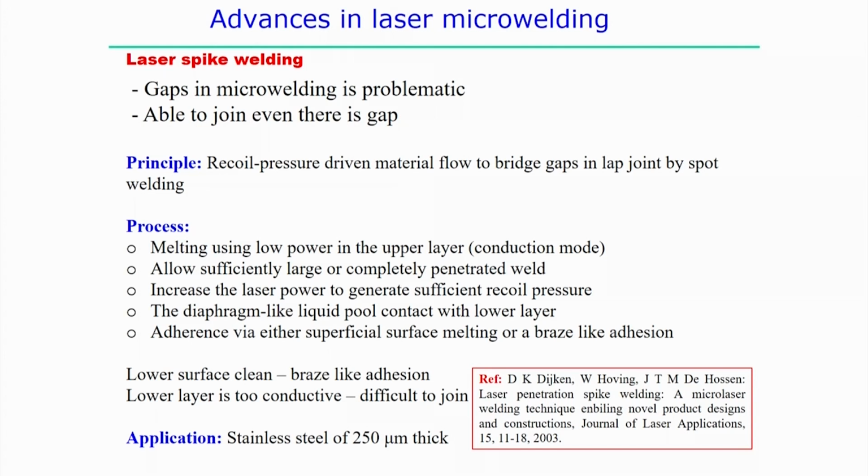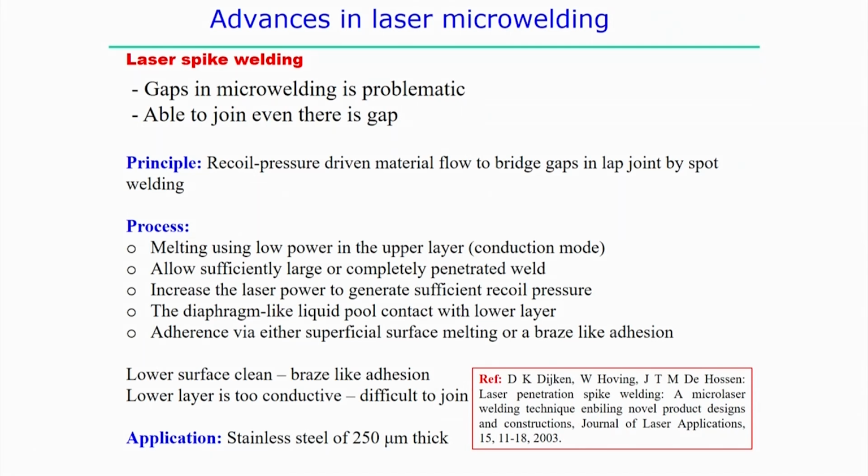In micro welding, gaps are always problematic, and sometimes they exist in the overall structure of devices. When you try a practical application of the devices, sometimes the gap may be very big. In this case, one of the suitable welding technologies is laser spike welding. This welding technology is useful even when there is a huge gap.